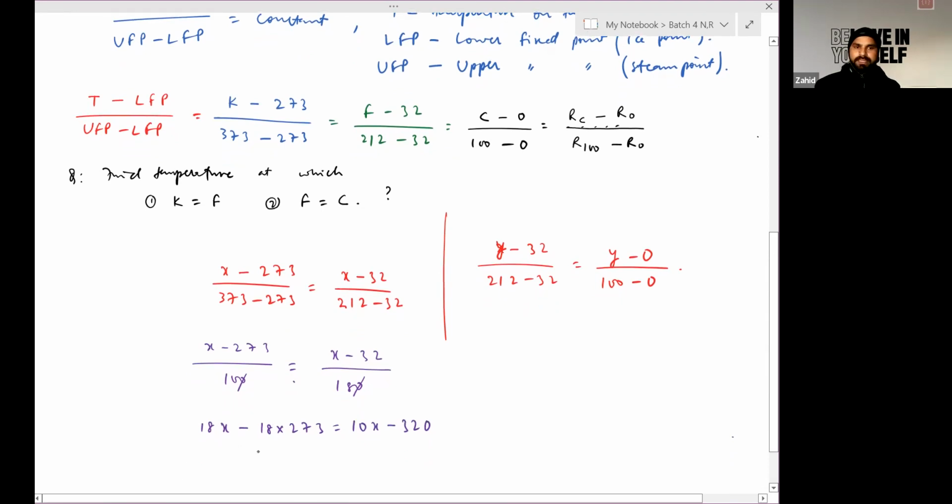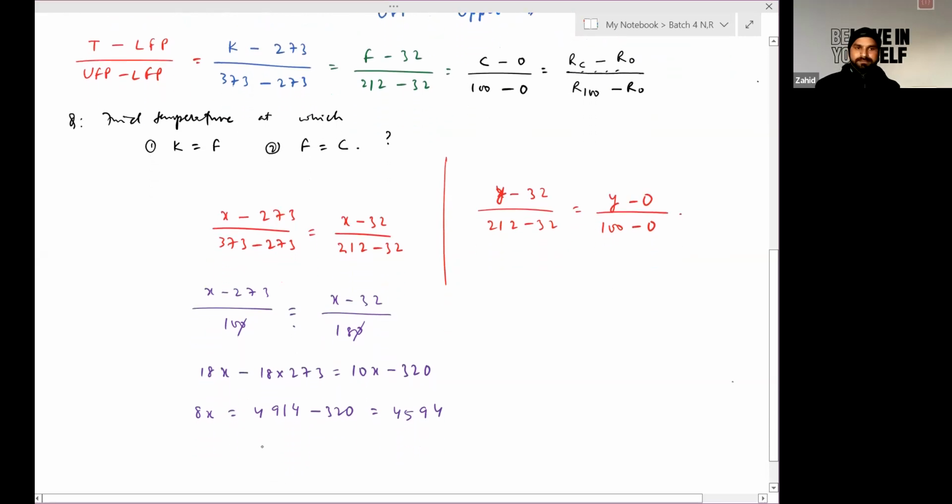So 18x minus 10x will be 8x equals 18 into 273, which is 4914, minus 320. So it will be 4594.